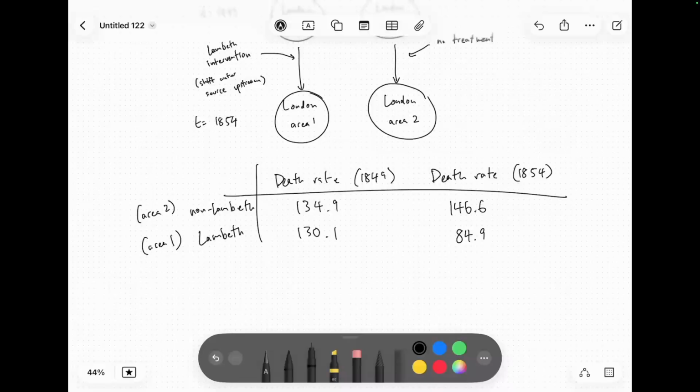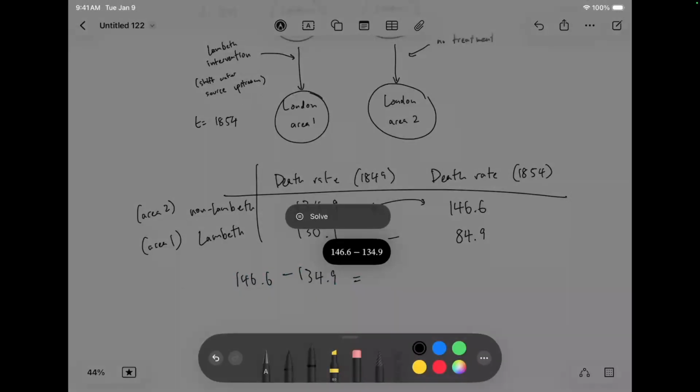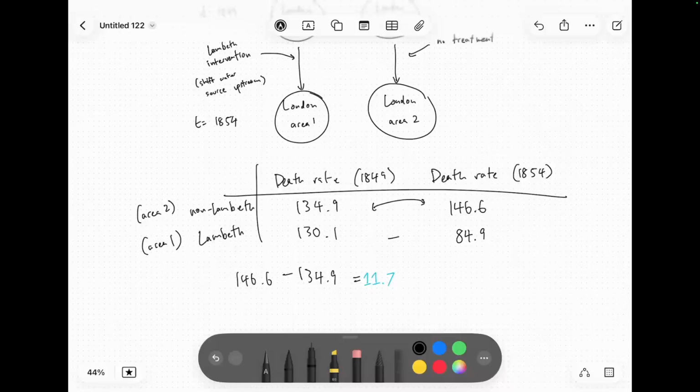So we would say the true effect is not only this difference, it is also the difference attributed over time here. So 146.6 minus 134.9 is 11.7.